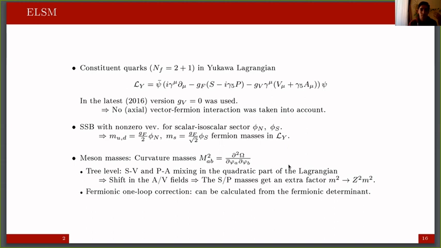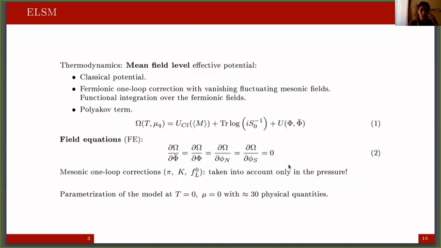And actually from the fermionic part of the Lagrangian, and as the effective potential, we have a fermionic correction to these curvature masses. Okay, I just write up the effective potential itself. We have a classical part which contains the mesonic part of the model.